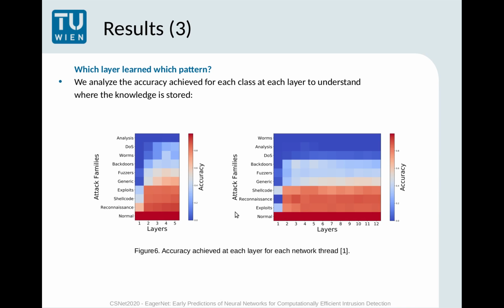And of course, we see also that for some classes, only the first layer is already enough to get a really high accuracy. If we go to the left subfigure here, we see, for instance, for fuzzers, let's say, the accuracy starts really low and then increases over time. And it's similar for all other classes.